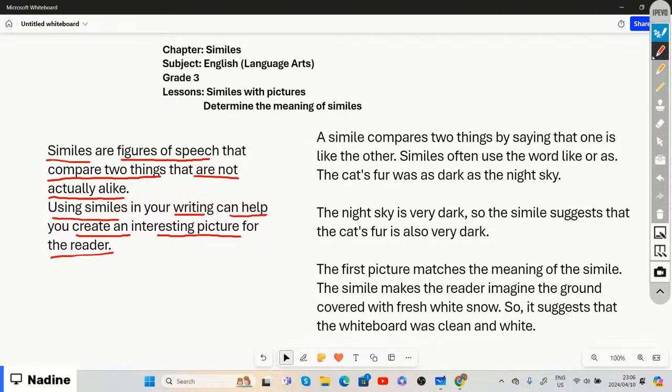So basically, when it comes to the meaning of a simile, we can say a simile compares two things by saying that one thing is like the other, keeping in mind that when we compare these things, they are not actually alike.